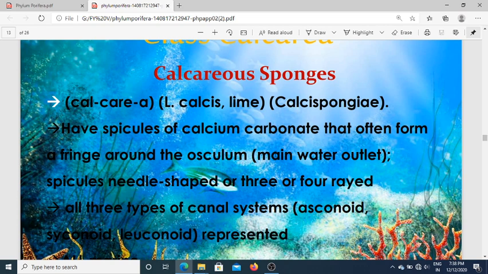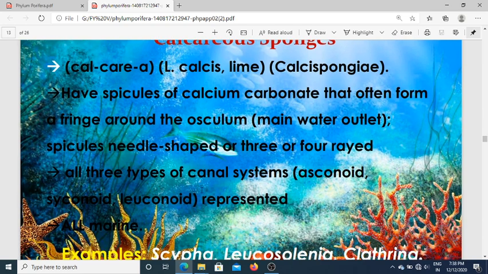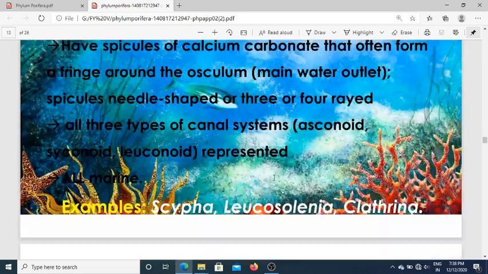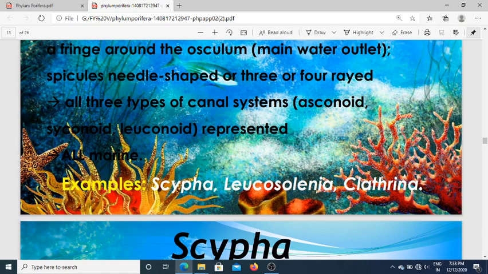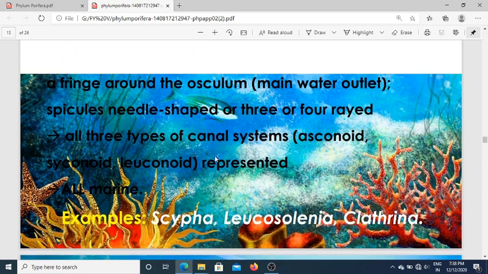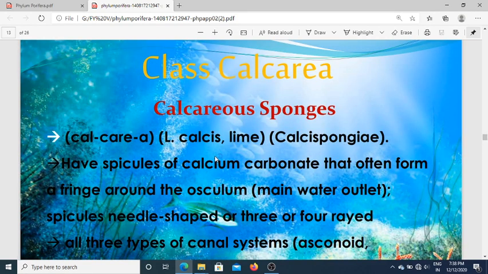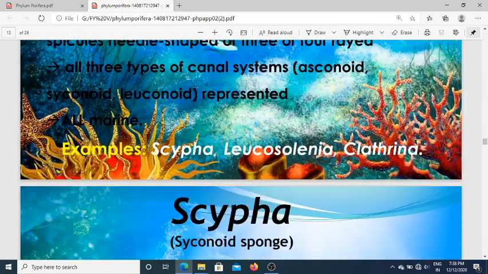Spicules are needle shaped or three or four rayed. All three types of canal systems, asconoid, syconoid and leuconoid, are represented, and all are marine. Examples of the class Calcarea are Scypha, Leucosolenia and Clathrina.